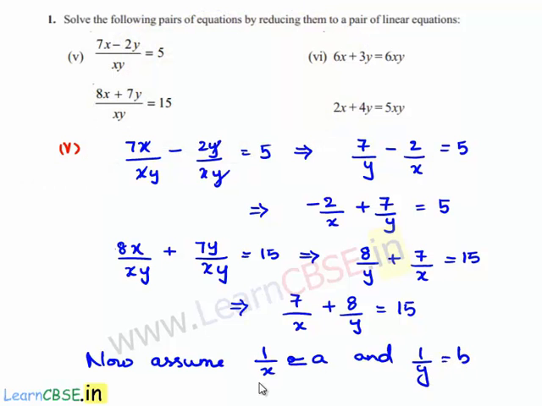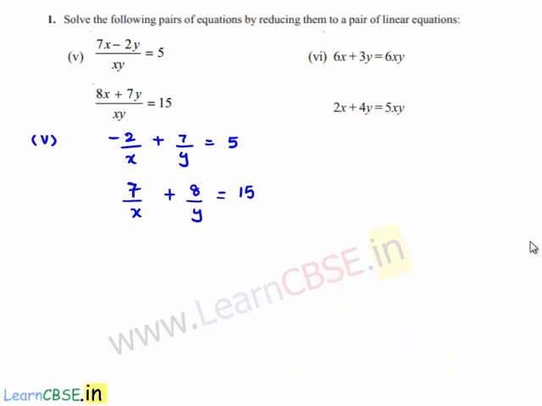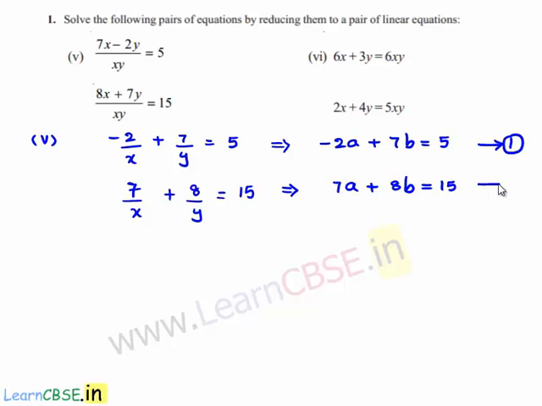So in place of 1 by x, let us write a, and in place of 1 by y, let us write b. So if we write a in the place of 1 by x and b in the place of 1 by y, we get minus 2a plus 7b is equal to 5, and the second equation becomes 7a plus 8b is equal to 15. So name this as first equation and this as second equation.